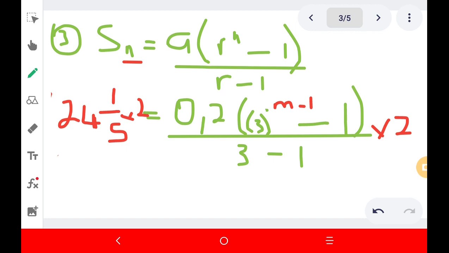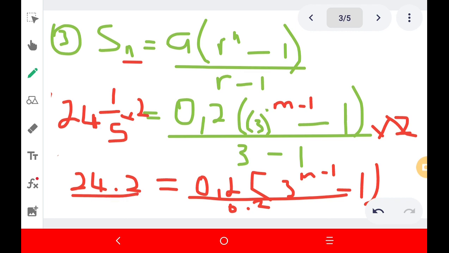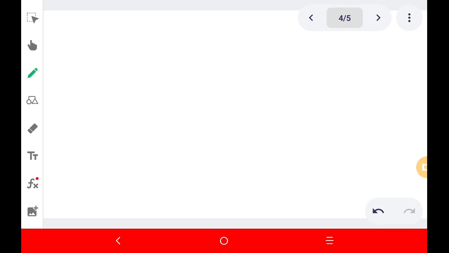If I multiply by 2 both sides, the 2 and the 2 in the denominator divide each other. On this side I'm going to have 24,2 times 2, which is going to be 0,2, open bracket, 3 to the power of m minus 1 minus 1, close bracket. Next thing will be to divide by 0,2 both sides. If you divide by 0,2 both sides, you get 242, which is 3 to the power of m minus 1 minus 1.